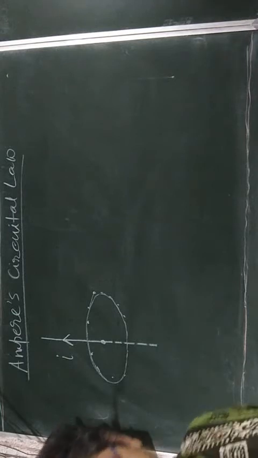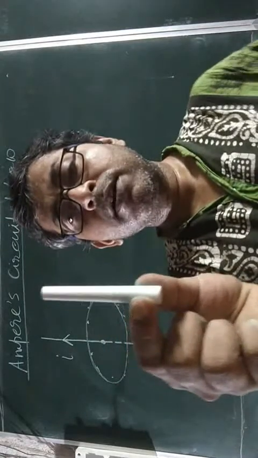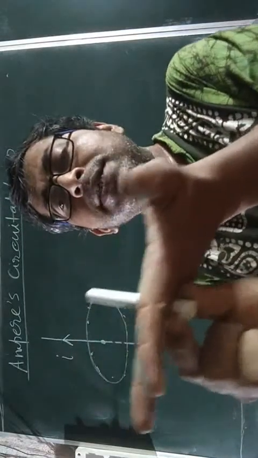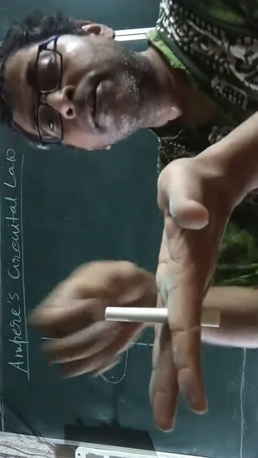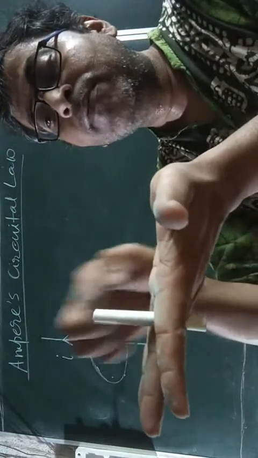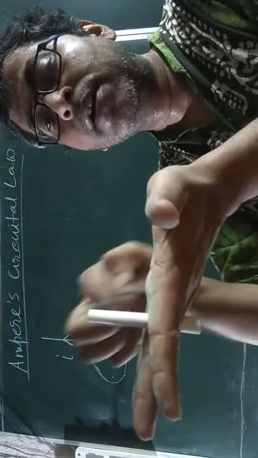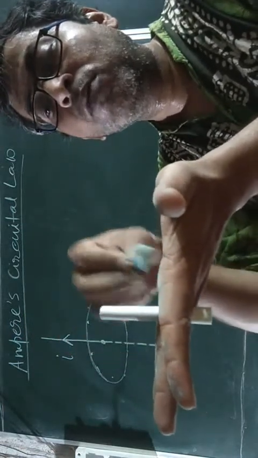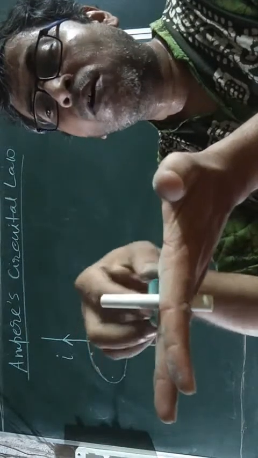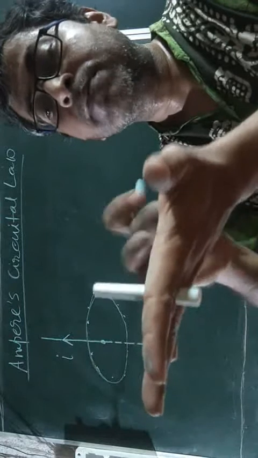If this is the current carrying conductor, and this plane is perpendicular to this conductor, then when current flows through this conductor, immediately it produces magnetic fields which lie on the plane of the surface.